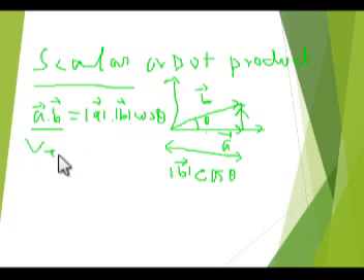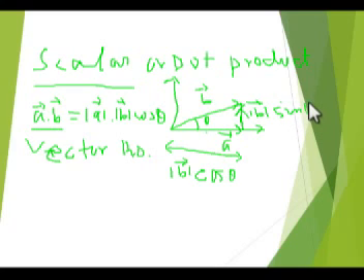On the other hand, what is the vector product? This diagram you can easily understand. This will be the modulus of vector B times sin theta. If we multiply, what is its direction?